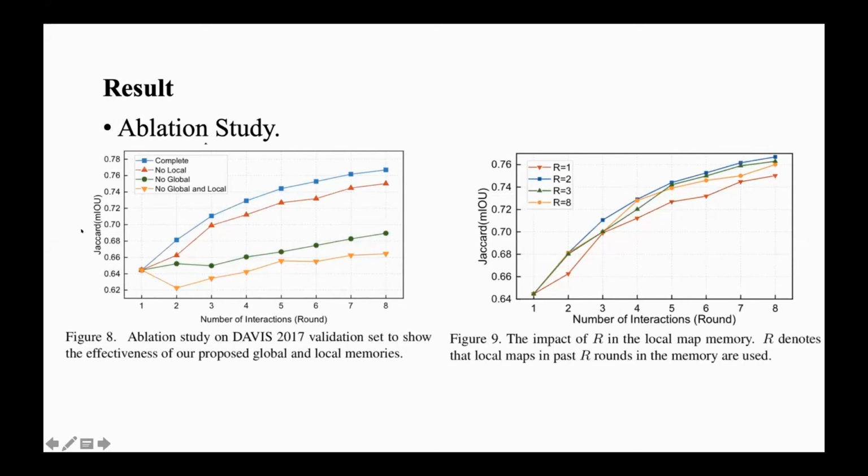This shows that our proposed memories can improve the accuracy. And this ablation study shows the impact of the past R rounds in the local map memory, and keeping the past 2 or 3 rounds achieves the best performance.